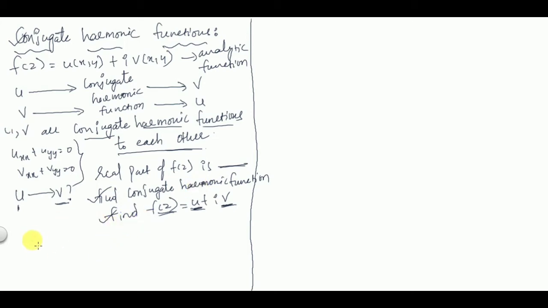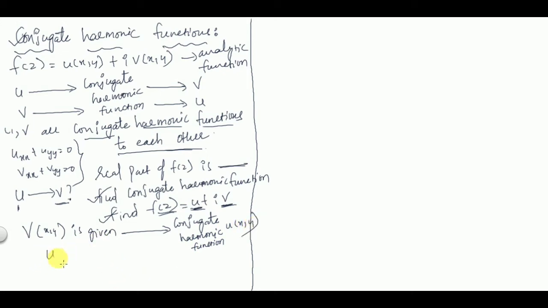Right, so suppose v of x comma y is given for you, and you want to find its corresponding conjugate harmonic function, that is, you have to find u of x comma y.